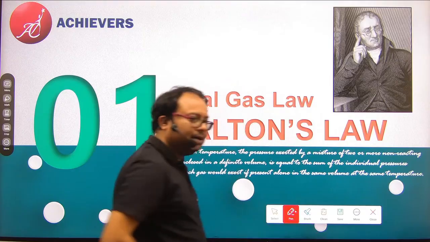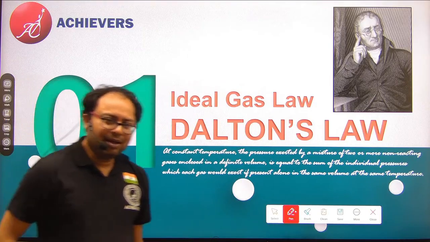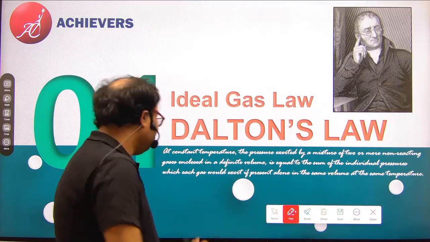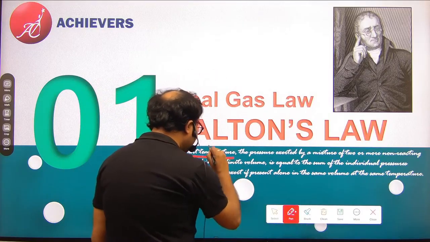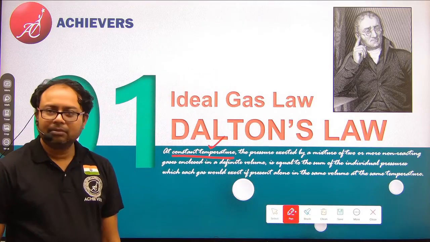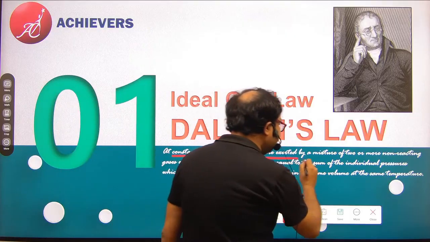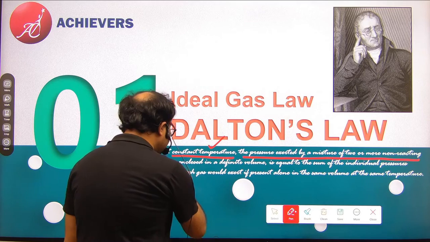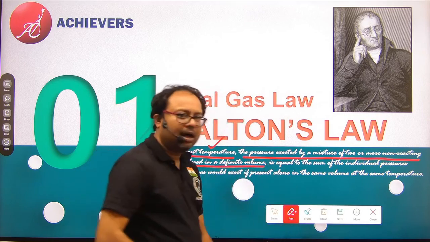Now let's read out the statement once more. Now we will understand the meaning of the statement. So at constant temperature, understood. The pressure exerted by a mixture of 2 or more non-reacting gases enclosed in a definite volume, understood.